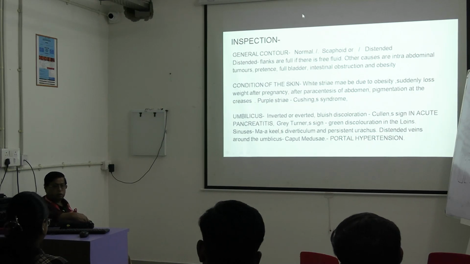The rectosigmoid junction is visible by sigmoidoscopy. Sometimes we can feel it also on per rectal examination. Similar distended veins are seen in the umbilicus due to portal hypertension. This is called caput medusae, a sign of portal hypertension.